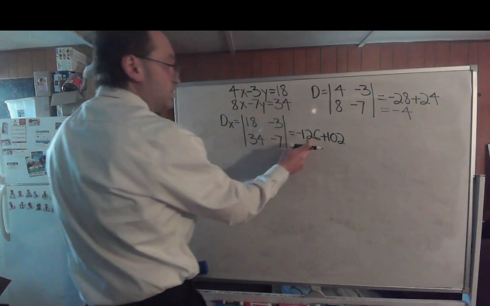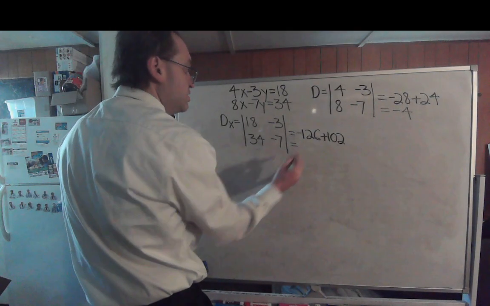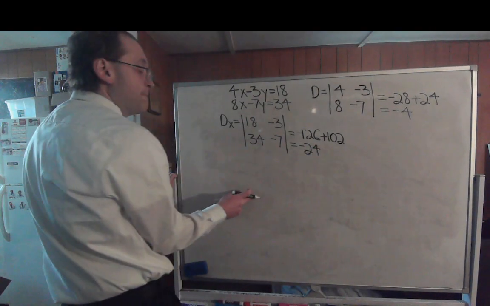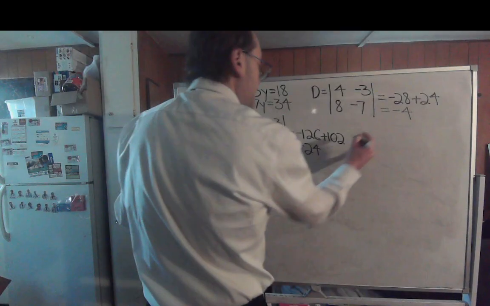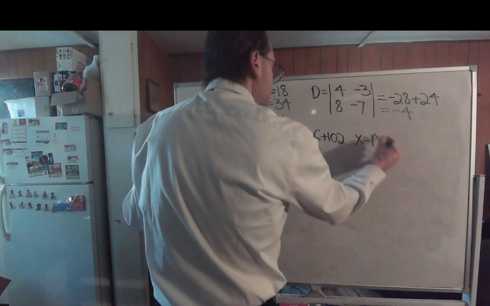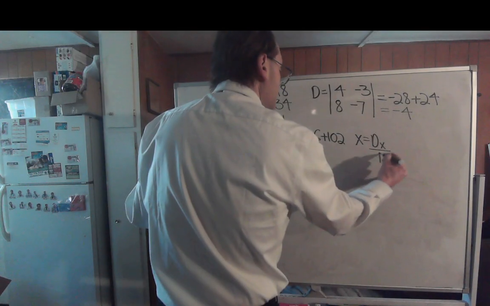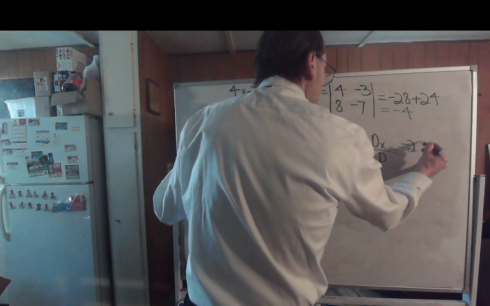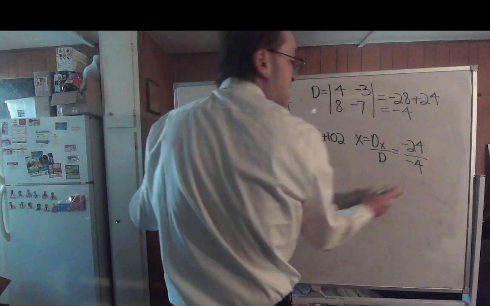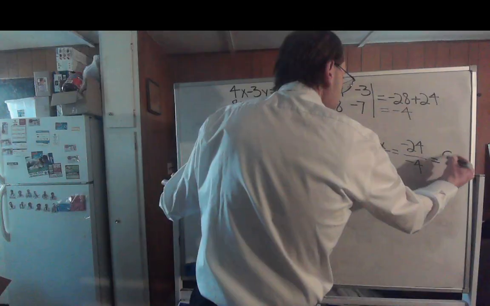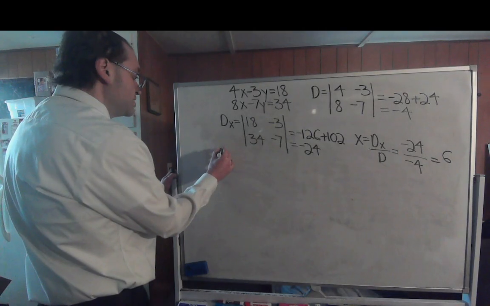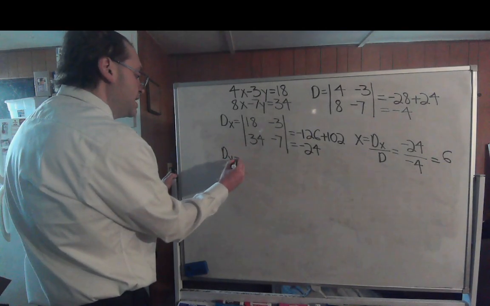So negative 126 plus 102 is going to end up equaling negative 24. So now to find x, we just take our D sub x, divide that by D. So D sub x was determined to be negative 24. And then D is negative 4, so negative 24 divided by negative 4 turns into positive 6. So x equals 6.